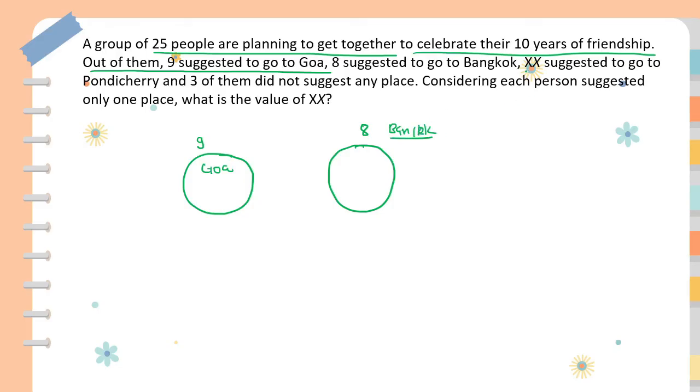And x suggested to go to Pondicherry. So this is Pondicherry, and x people are suggesting here, and 3 of them didn't suggest anyone, so 3 are here.